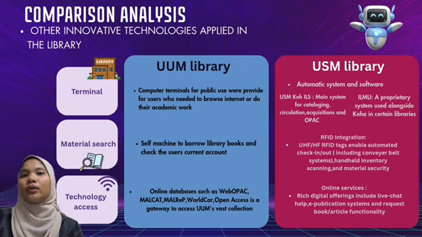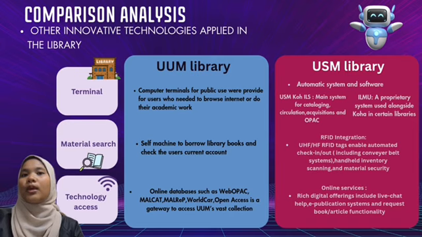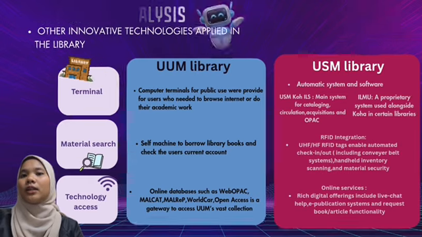Next, we move to technology access. For UUM library it is online database, which is web OPAC, mobile, WCAG, and open access. It's a gateway to access UUM-based collections. For USM library, they use online service, which is rich digital offering, including live chat help, e-publication system, and request book, and also article functionality.